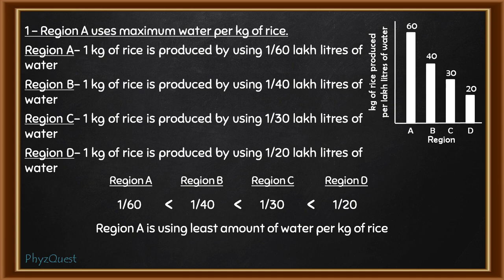That means our inference is region A uses the maximum water per kg of rice, but we arrived at the conclusion that it is actually using the least amount of water to produce 1 kg of rice. That means this inference is not correct.